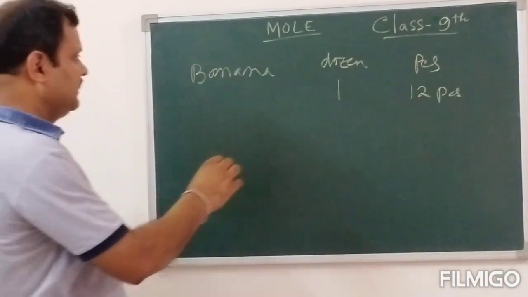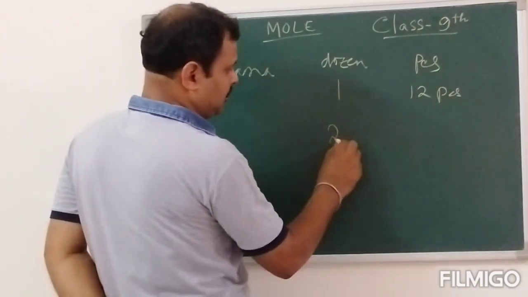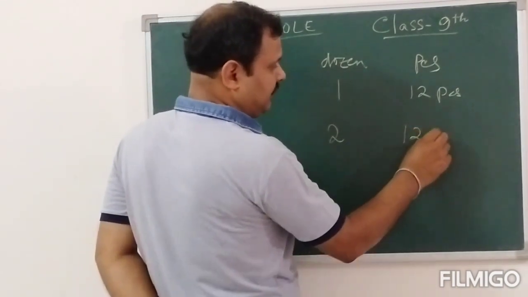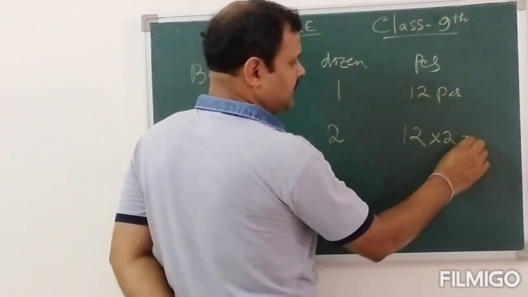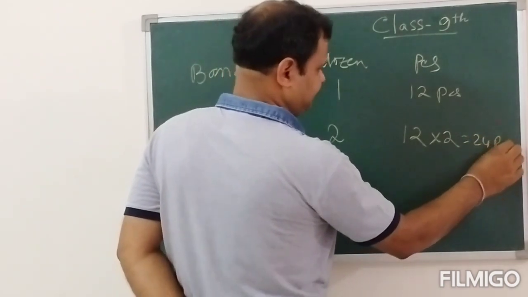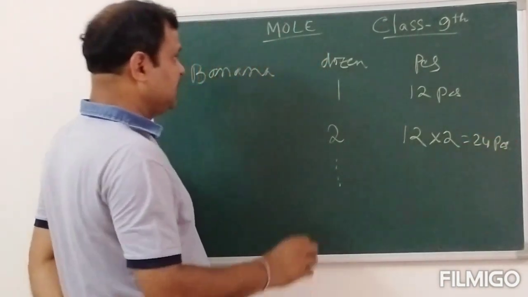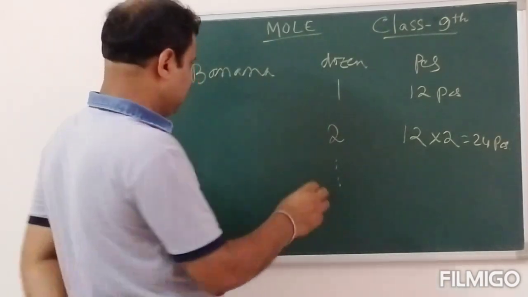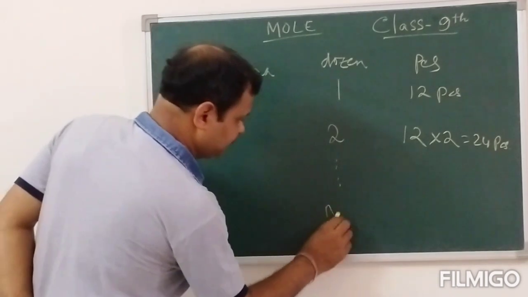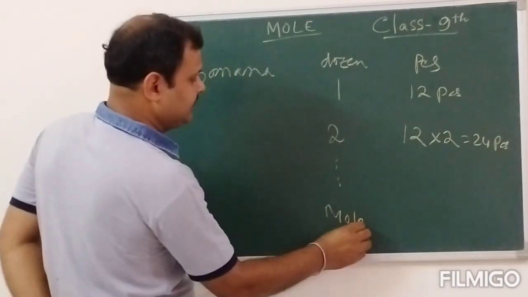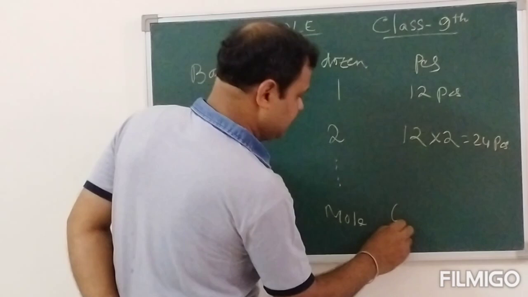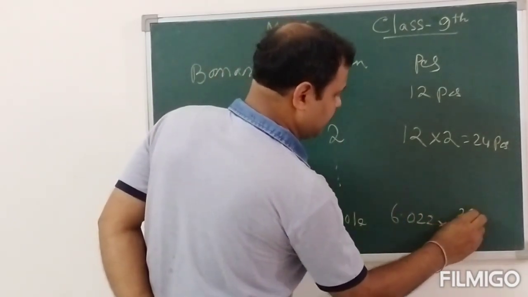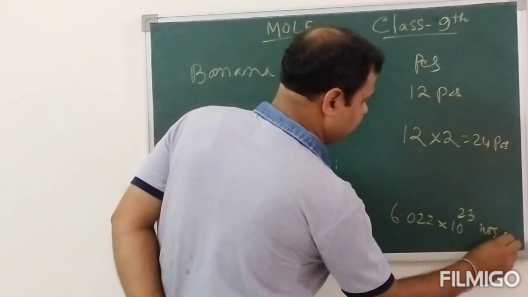And if somebody asks you to bring 2 dozen bananas, how much will you buy? You will buy 12 into 2, that is 24 pieces. Like this, if somebody says you have to buy 1 mole of bananas, it means we have to bring 6.022 into 10 to the power 23 bananas.